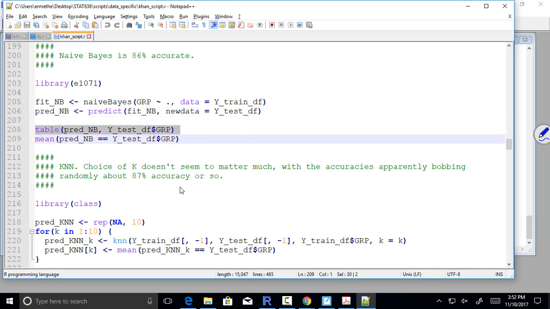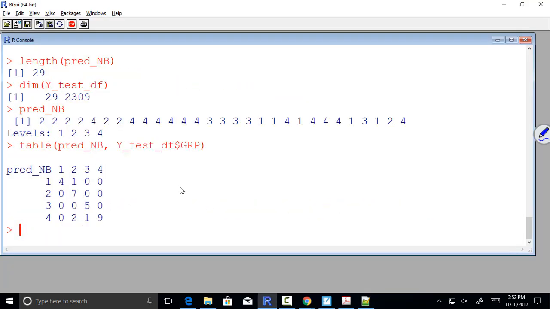We could make what we called last time a confusion matrix. Cross-tabulate the predictions with the truth. You can do that with the table function. That's the confusion matrix for the naive Bayes predictive model with these data. The diagonal represents correct predictions. There were 4 cases where the truth was class 1 and we predicted correctly class 1.